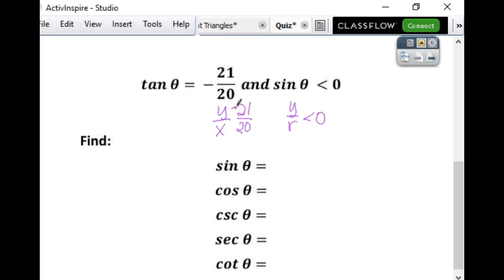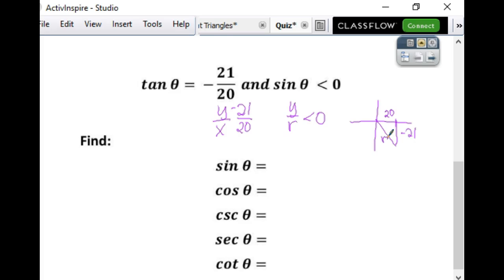So if I have a negative y and a positive x, which quadrant am I in? The fourth, right? So that tells me that my x is positive and my y was negative. And there's my r.